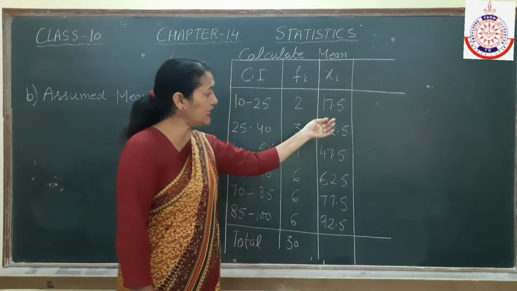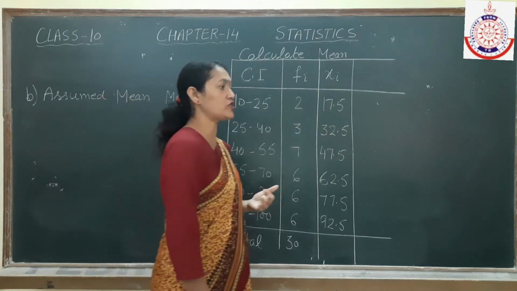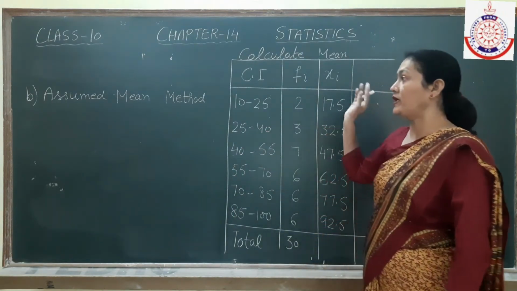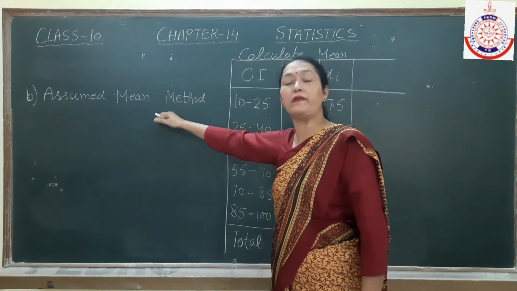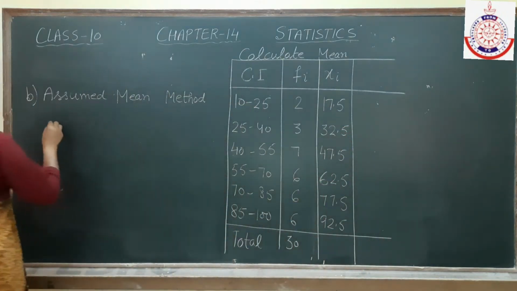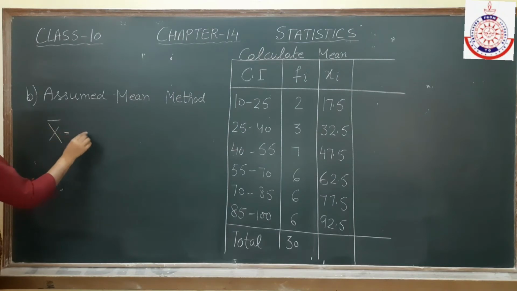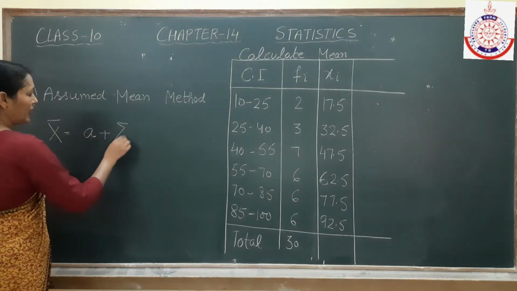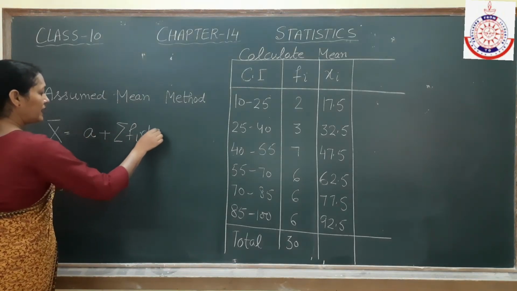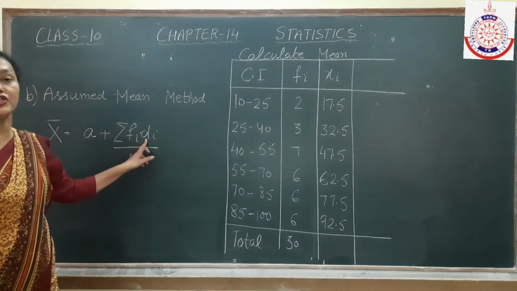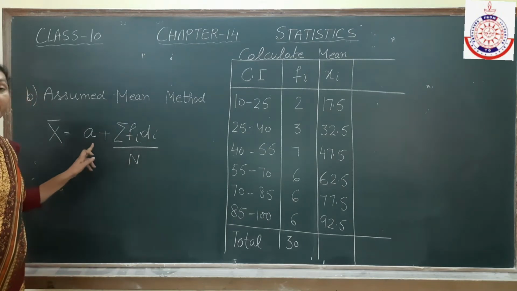So whenever we feel that the calculation is taking time and it's difficult also, then we jump to assumed mean method. In this method, before the calculation of actual mean, we assume a mean, A. So formula becomes A plus sigma fi di upon capital N. Di means deviation of each x from assumed mean.